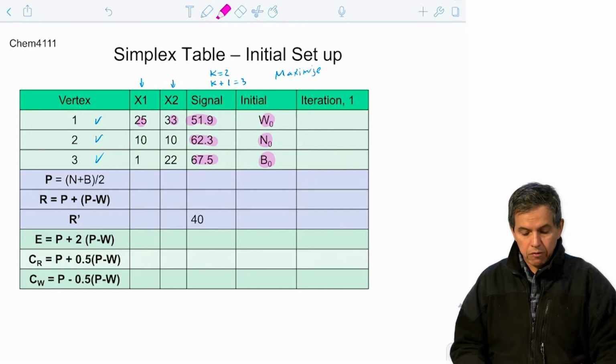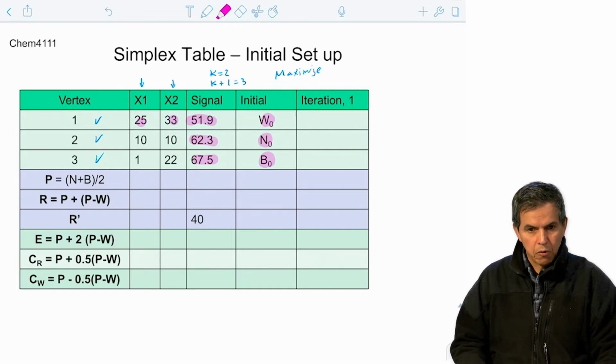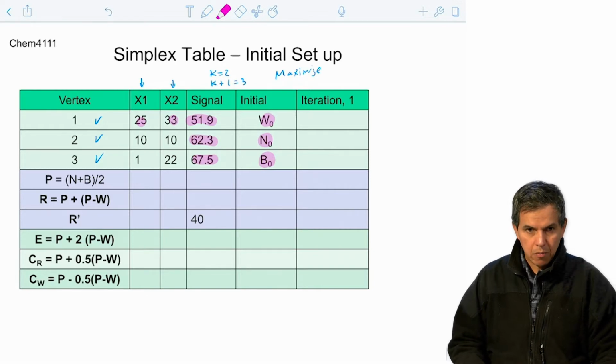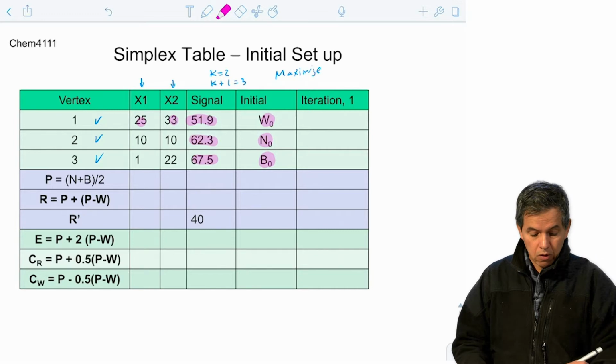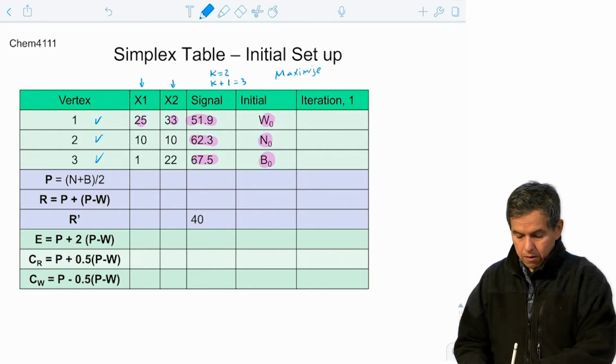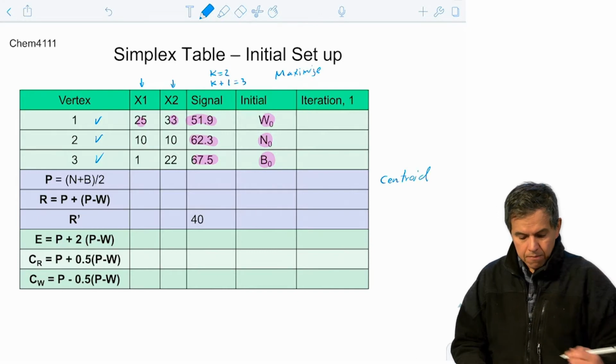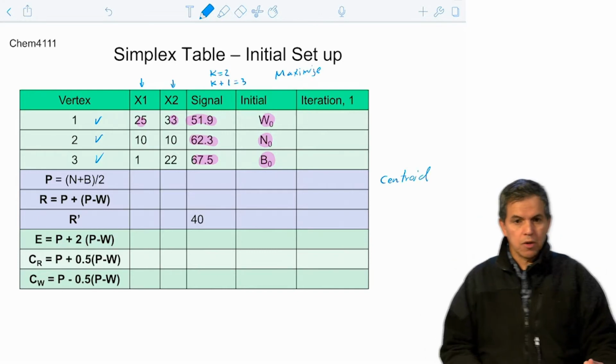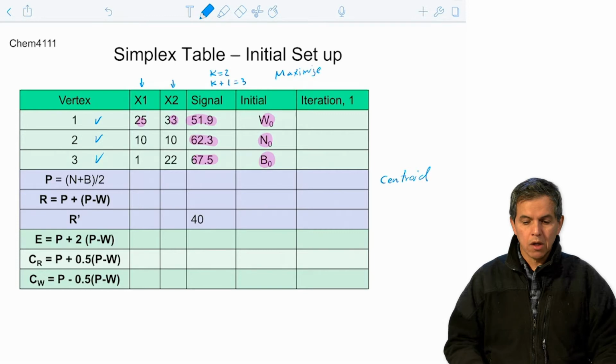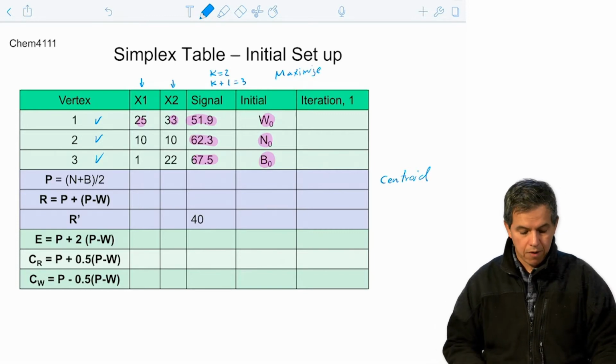In the initial setup of the Simplex table then, what we will need to do is to calculate the parameters that were defined previously. So first, let's focus on the centroid. And the centroid, as we said, is basically the average of the coordinates of the 2 forms that we have here.